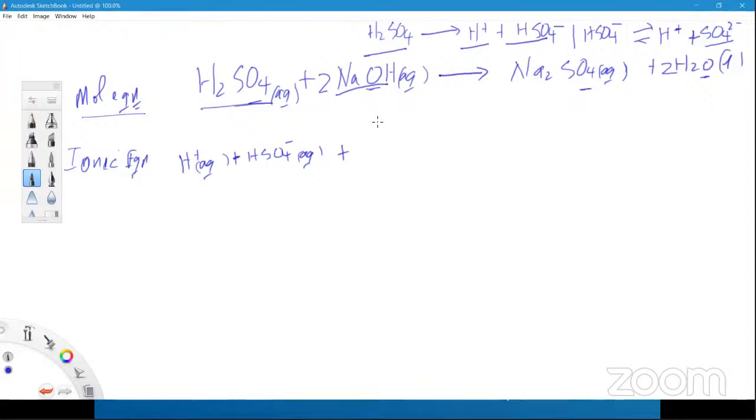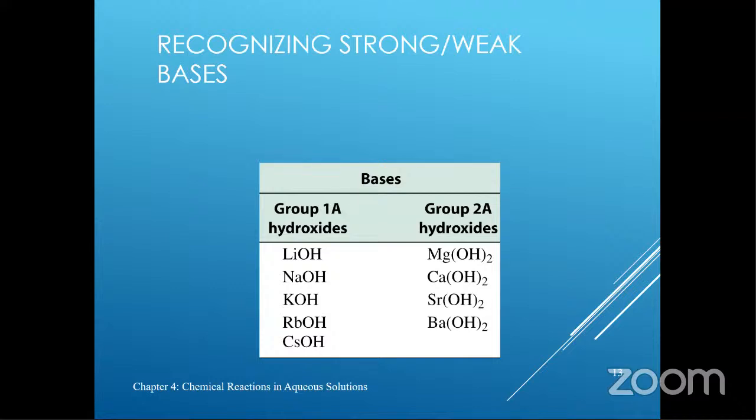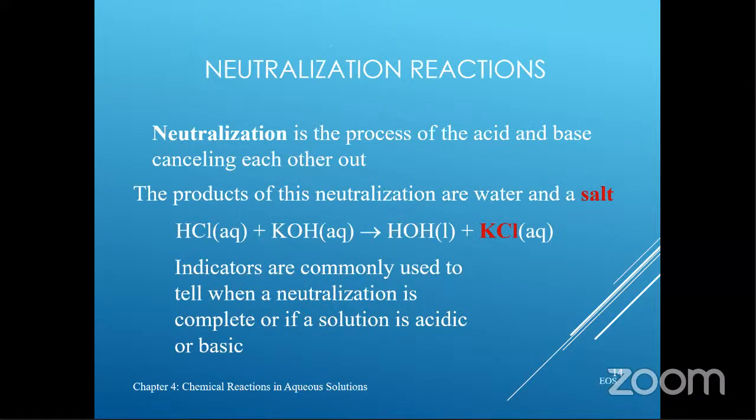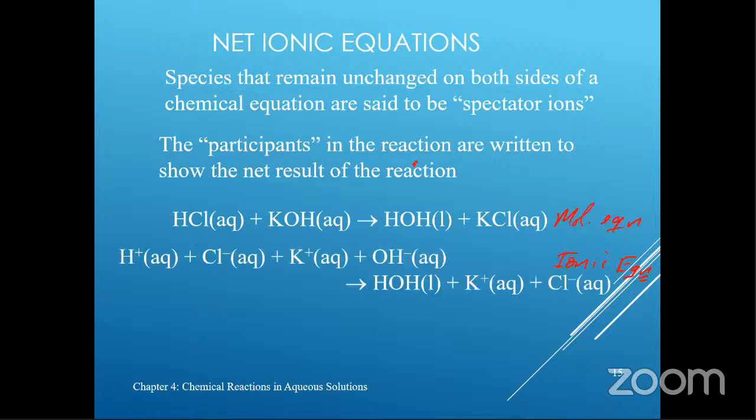Come on, you should be able to figure this out based on what we discussed. Let me show you the slide. Remember what I said here? Potassium hydroxide will dissociate to form K plus and OH minus, right?